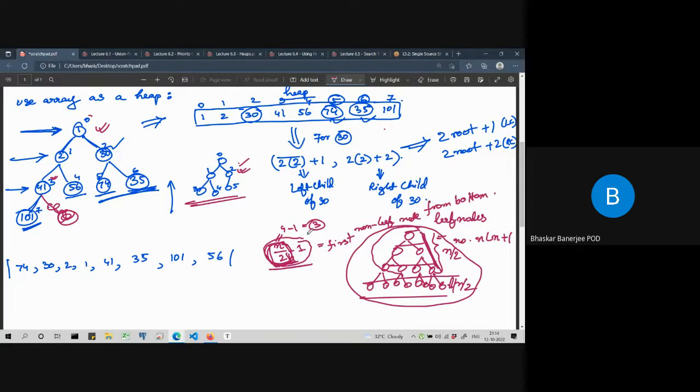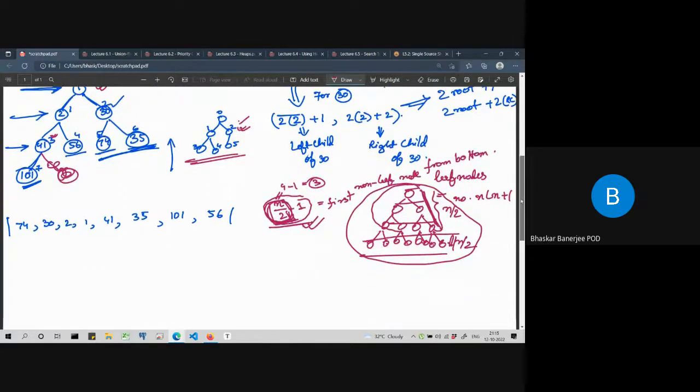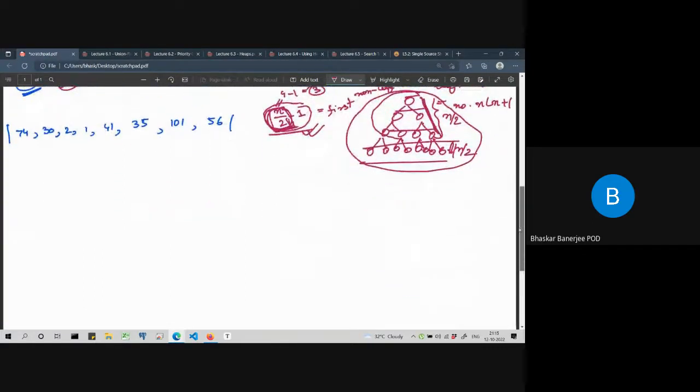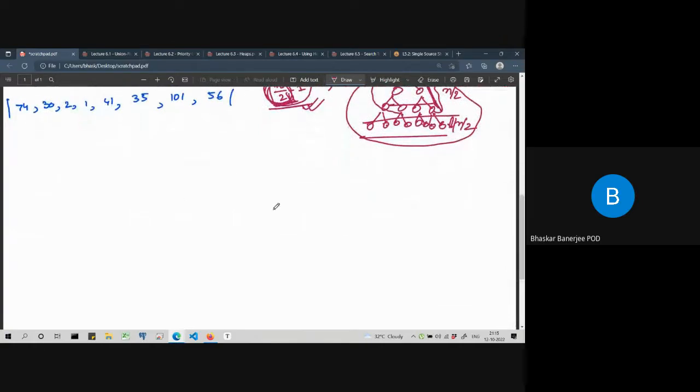So why are we actually bothered about this first non-leaf node? For now, just keep this in mind: finding the first non-leaf node from the bottom is important. Now let us discuss one more property and then we would come back to the making of a heap.